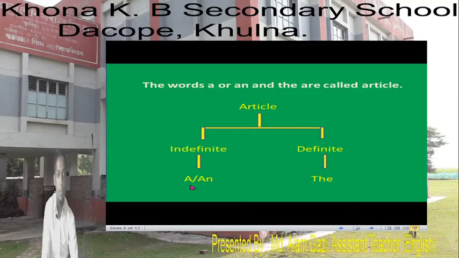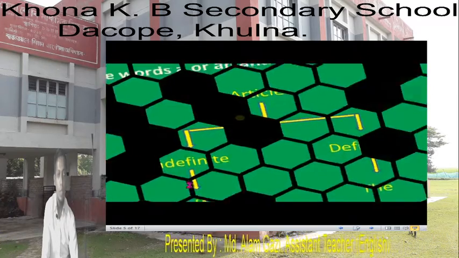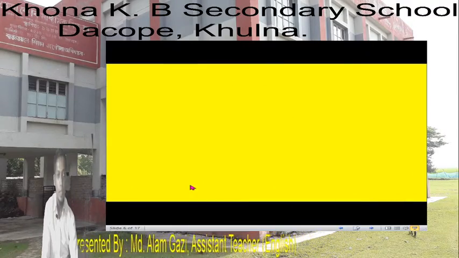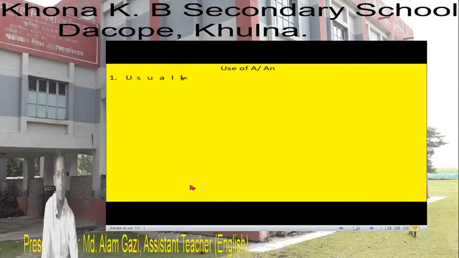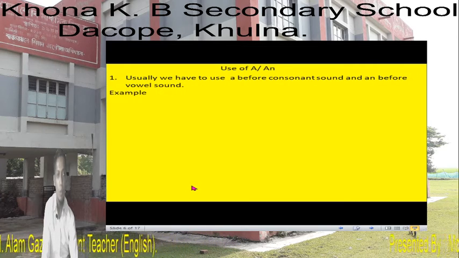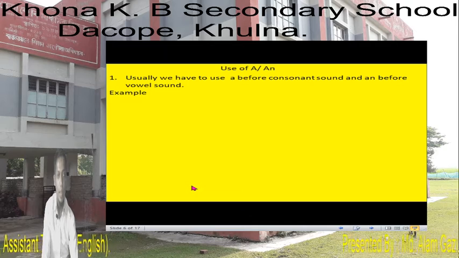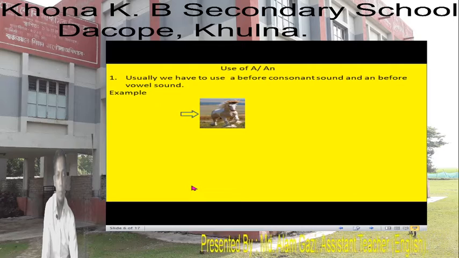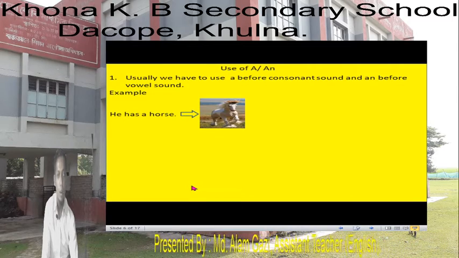Dear students, now we will see the use of a or an. Usually we have to use a before consonant sound and an before vowel sound. For example, he has a horse.